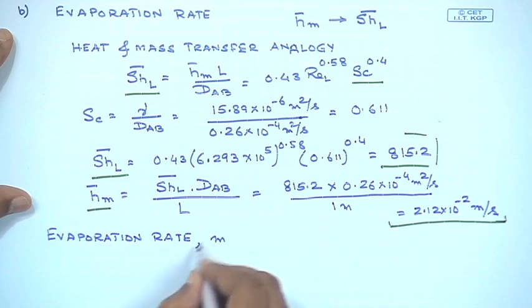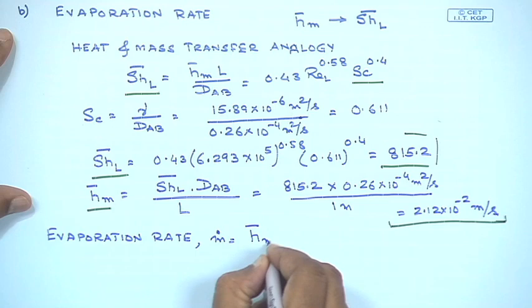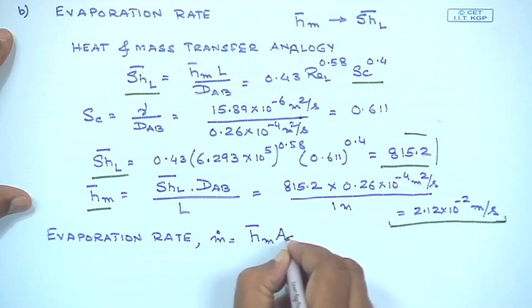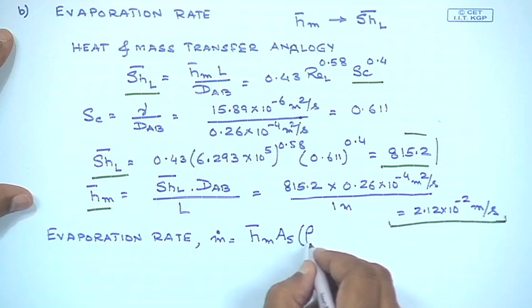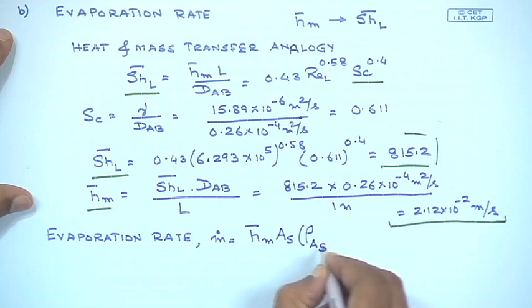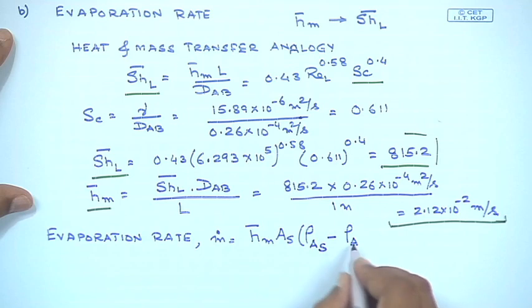m dot, if I call it m dot, would simply be equal to the convective mass transfer coefficient, the surface area, and the mass concentration of the component A, which is water, at the surface, minus rho of water at an infinite distance from the surface.